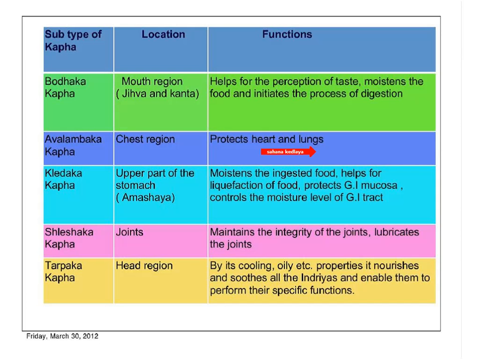If there is any blow on the chest area, the pericardial and the pleural fluid act as a shock absorbent and protect the heart and the lungs. That is the main function of the avalambaka kapha. That is why in Sanskrit they said Hrit avalambana. It protects and maintains the heart and the lungs.